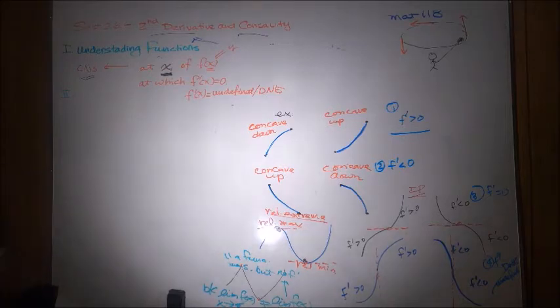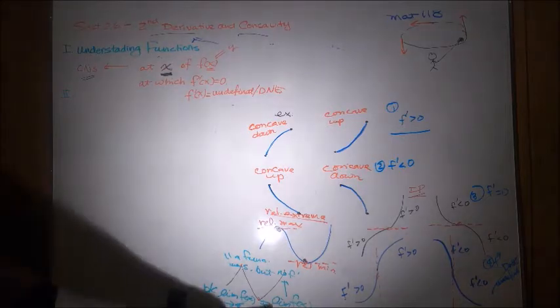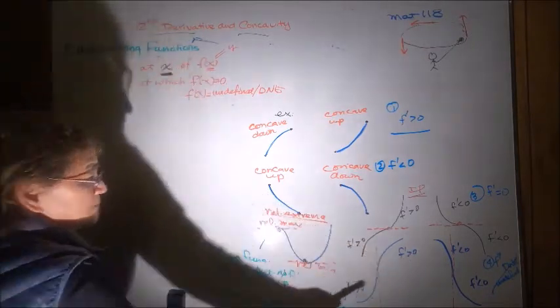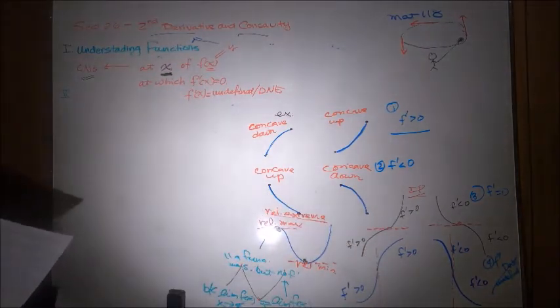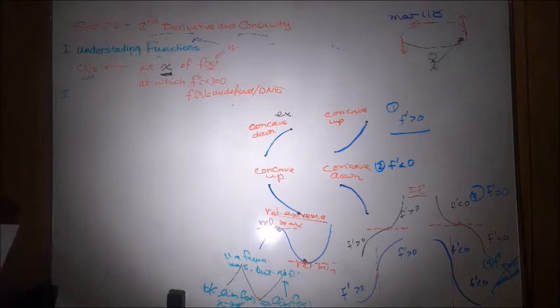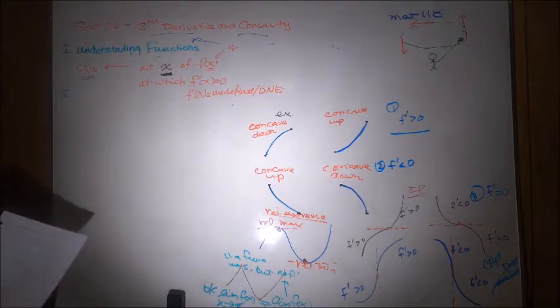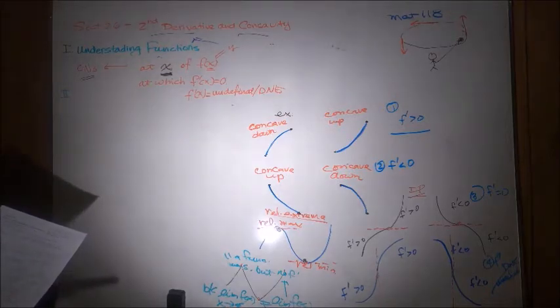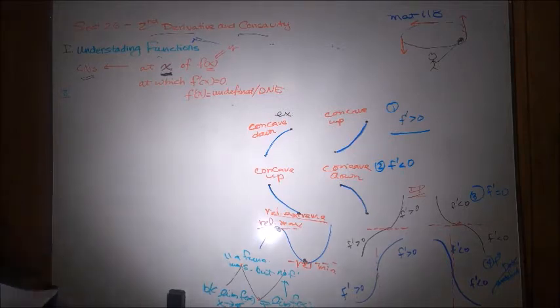concavity and IPs. Concavities and IPs, inflection point. Okay, so an inflection point is the point on the graph of a function where the concavity of the function changes from concave up to down, or from concave down to up.